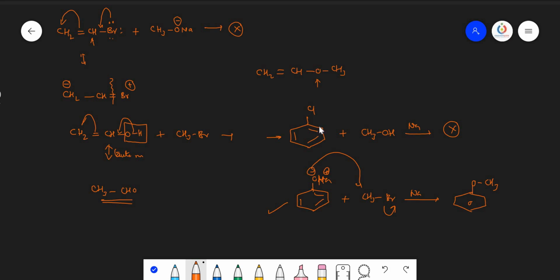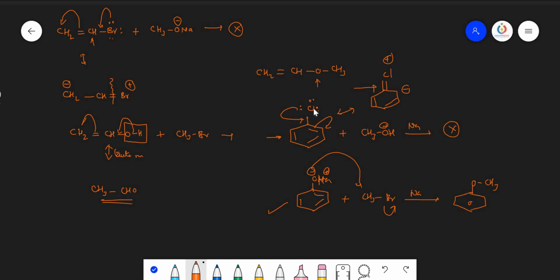The reason for it not being possible in this case, I explained here. Chlorine here has a lone pair of electrons. These lone pair of electrons participate in the resonance with the pi bond electrons of the benzene, and finally give double bond nature between the carbon and chlorine, so that this alkoxide ion cannot break this bond.